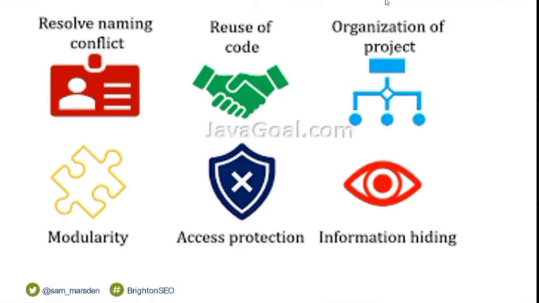Better organization. In a large Java project where we can have several hundreds of classes, it is always required to group similar types of classes in a meaningful package name, so that you can organize your project better, and when you need something, you can quickly locate it and use it, which improves the efficiency.